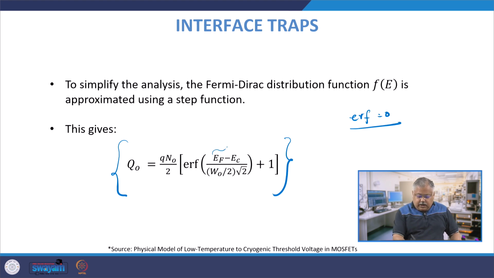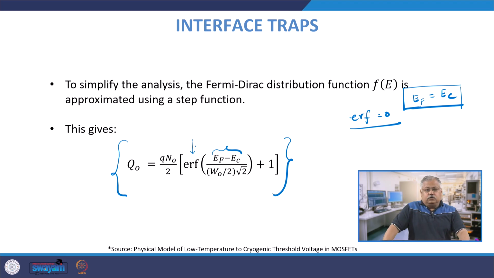Because if you look at the numerator within the parenthesis, when EF becomes almost equal to EC, that is the point where the error function goes to 0. So, check out what will be the value of Q0 at that particular point, right. There might also be a case when a degenerate semiconductor takes place, where your EF goes well within the conduction band edge and there might be a negative value of EC available to you.